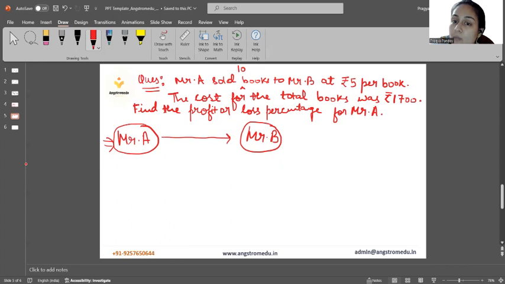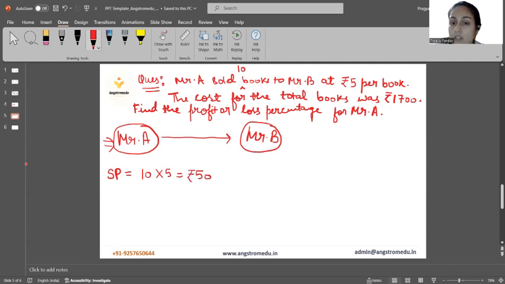Now he sold all 10 books to Mr. B at 5 rupees per book. But this time we don't know the exact selling price. So we want to calculate it first. How will we calculate it? 10 into 5 will be 50 rupees.